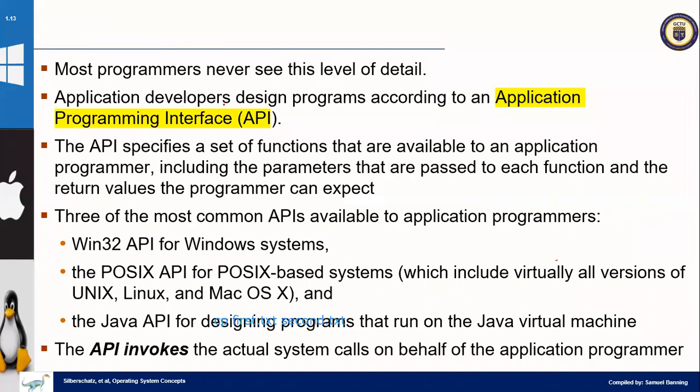Application developers design programs according to an application program interface. I'm sure you have all heard of API. The API specifies a set of functions that are available to an application programmer. These functions allow the programmer to make use of the system calls in the system.